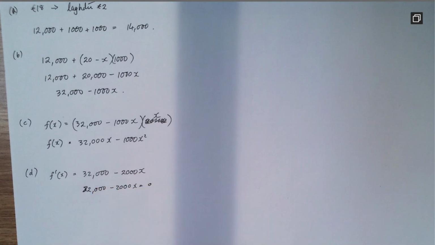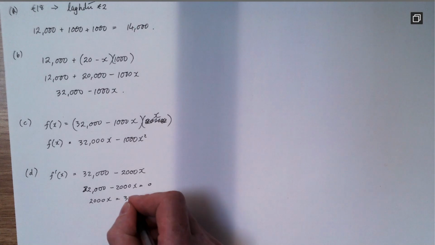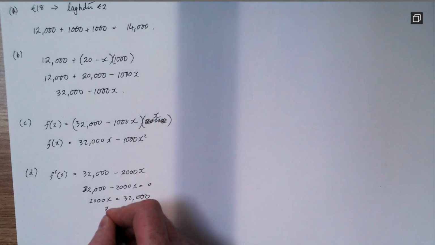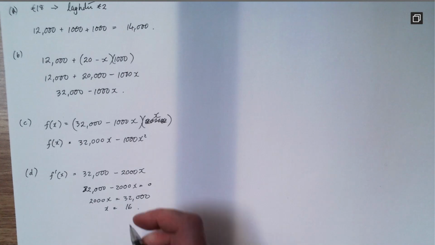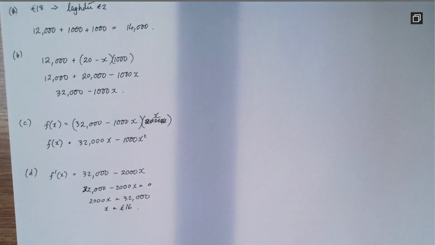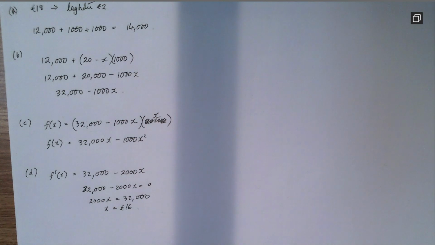Set it equal to 0: 2,000x equals 32,000, so x equals 16. So for maximum income, the ticket price should be €16.